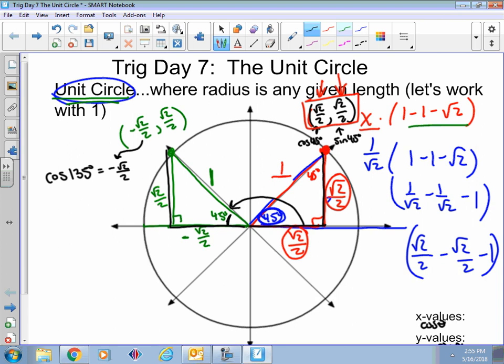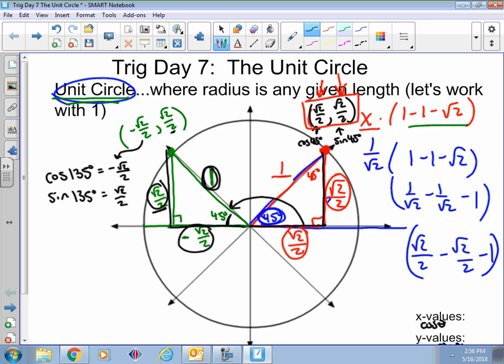Here's my reference angle. What's the ratio of the adjacent to the hypotenuse? Oh, yes, it is negative root 2 over 2. What is the sine of 135 degrees? Opposite over the hypotenuse. Oh, that's really just that y-coordinate there. Positive root 2 over 2.